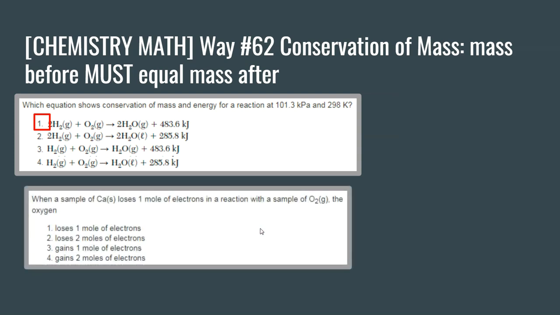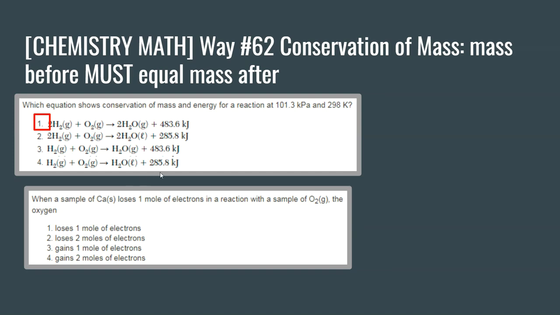When a sample of calcium solid loses 1 mole of electrons in a reaction with a sample of O2 gas, the oxygen... If calcium is reacting with oxygen and it loses 1 mole of electrons, in order for mass to be conserved, those moles of electrons can't simply disappear.